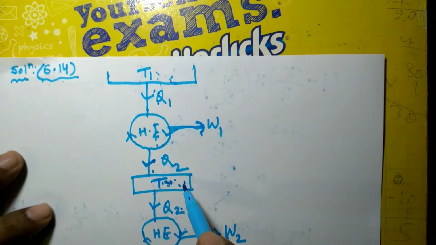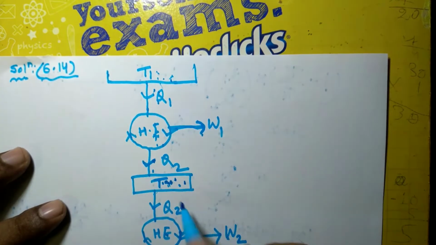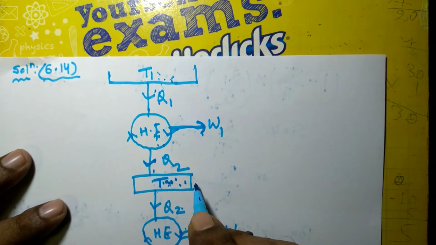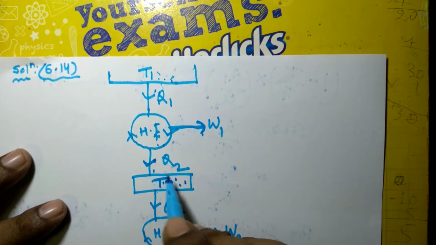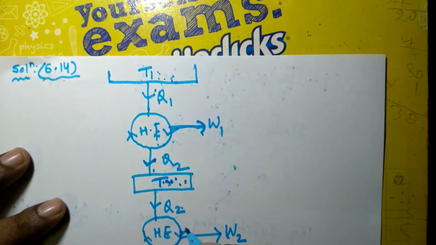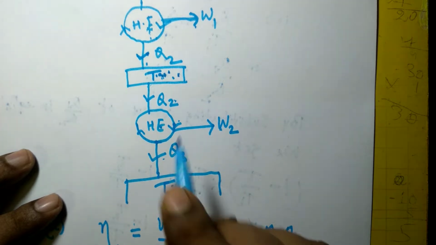The efficiency of any reversible heat engine is 1 minus the sink temperature expressed in Kelvin divided by the source temperature expressed in Kelvin. So for engine 1, efficiency will be 1 minus T upon T1, and for engine 2 efficiency will be 1 minus T2 upon T.